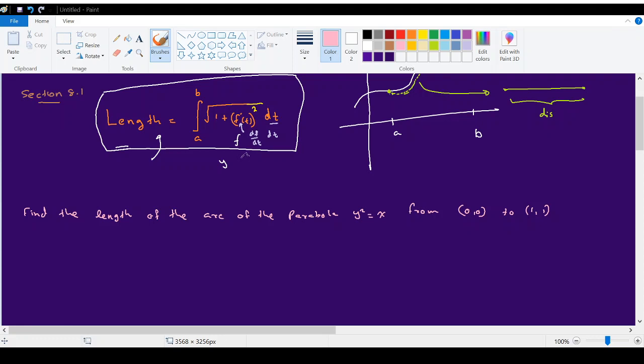Let's do another example. Here we have to find the arc length of the parabola y squared is equal to x, right?